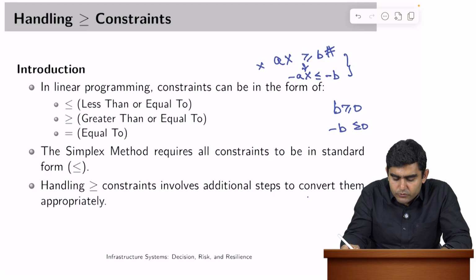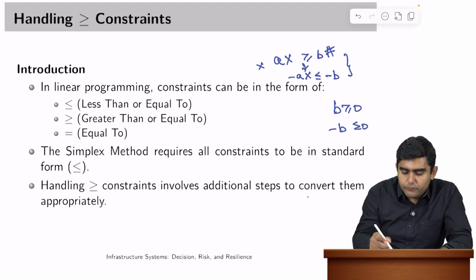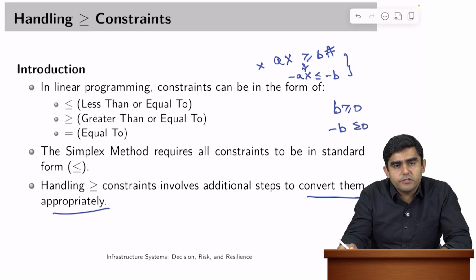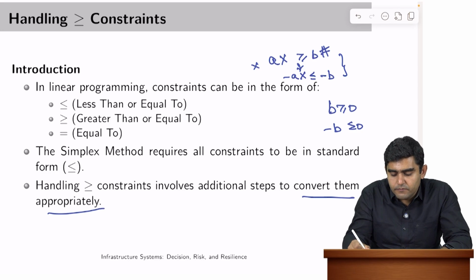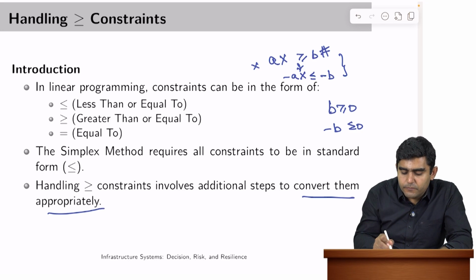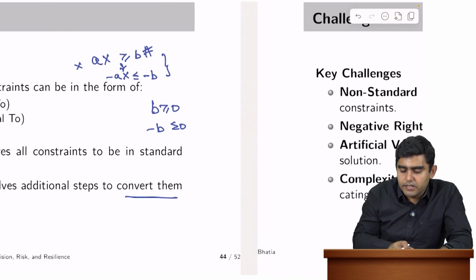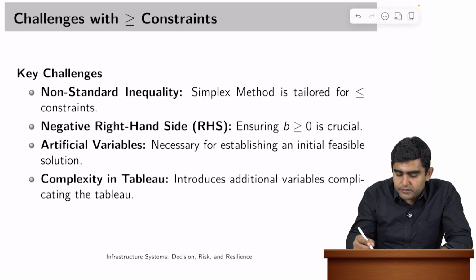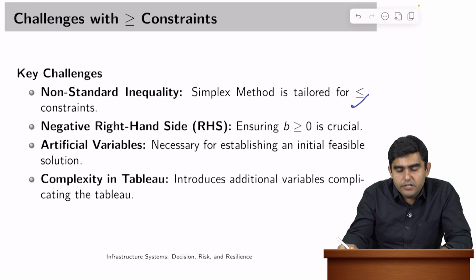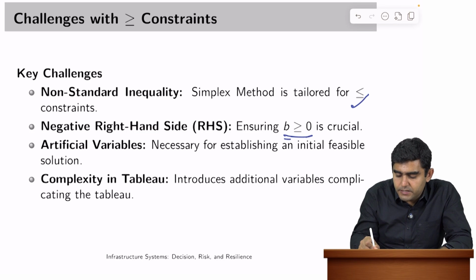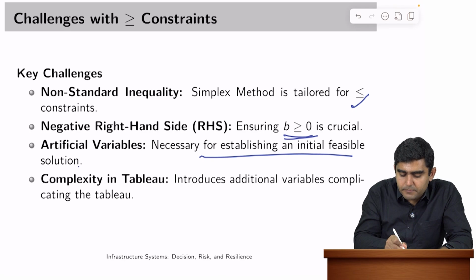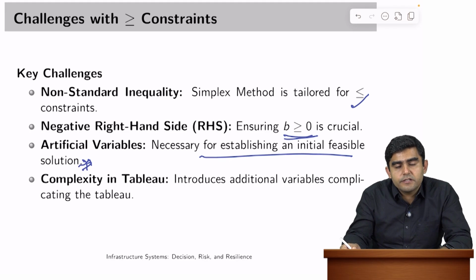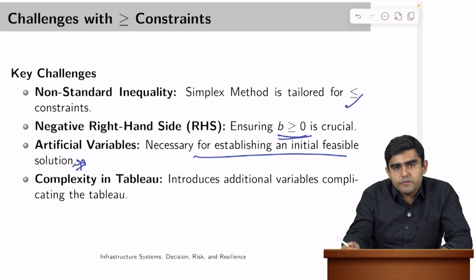So, what we do is that we again have to involve an additional step to convert these greater than equal to constraints to less than equal to constraints without violating the form that b is greater than equal to 0. As we learnt that simplex method is tailored for less than equal to constraints, we have to ensure that b is greater than equal to 0, and all these things are necessary for establishing an initial feasible condition, that is when we will introduce a slack variable or artificial variable.